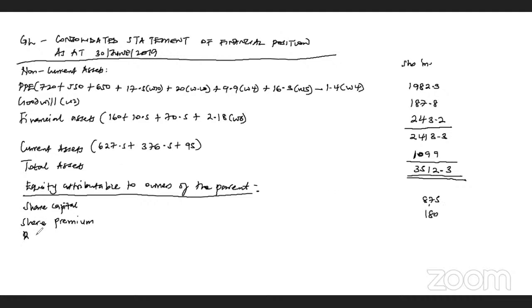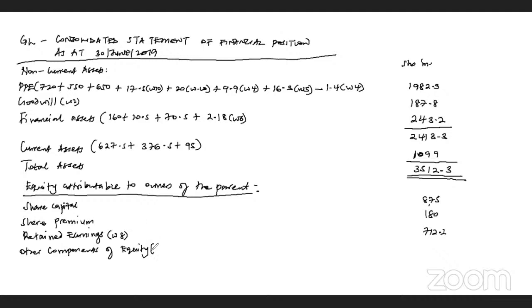Then retained earnings, don't forget them. Retained earnings, this is from working number what? Number 8, we have our 712.2. Then other components of equity.